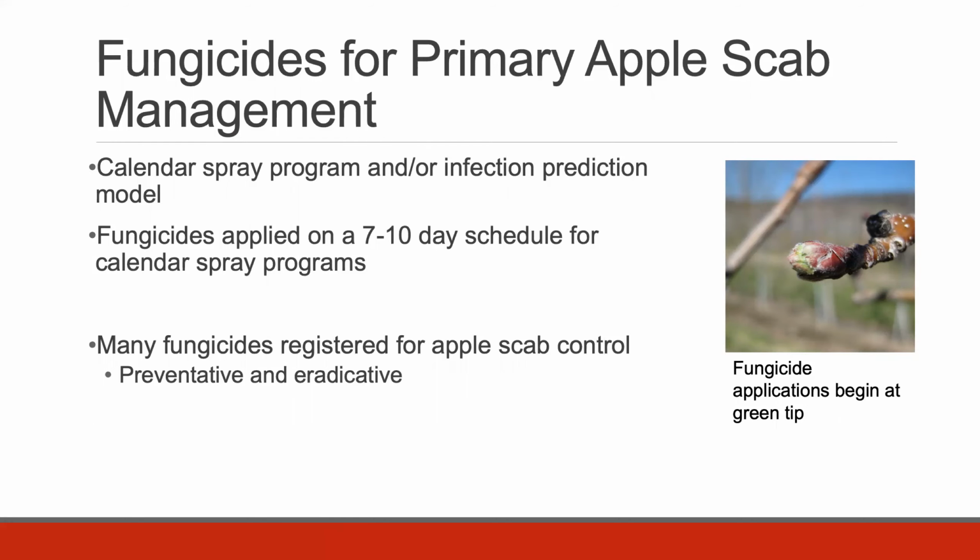However, fungicides can also be applied using an infection prediction model to improve the efficiency of fungicide applications. There are many effective, protective, and eradicative fungicides registered for apple scab control, although the number of fungicides with different modes of action is limited.